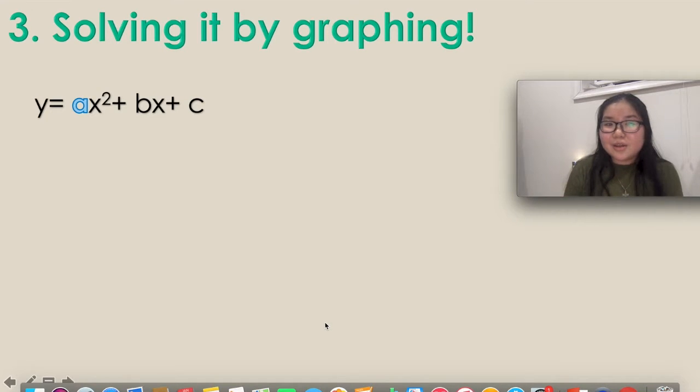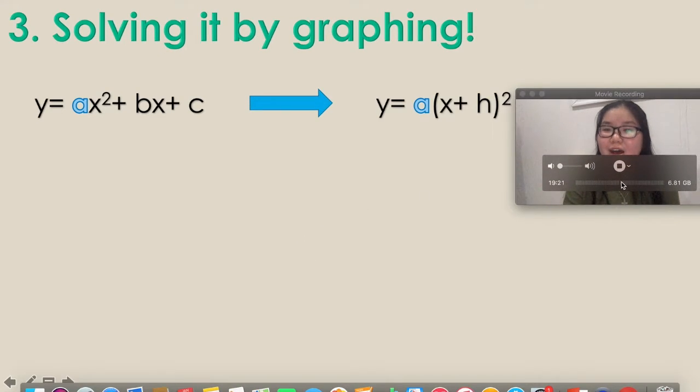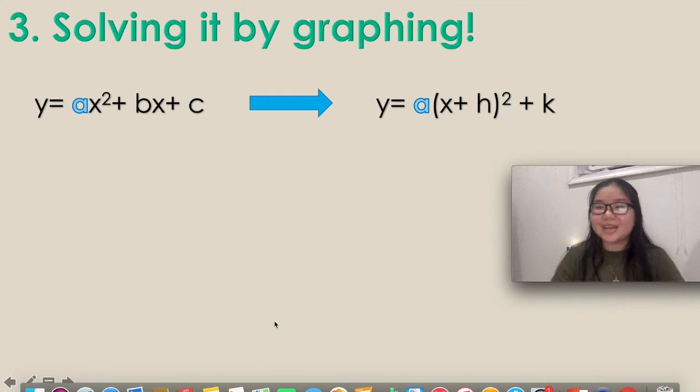Do you remember what I told you about the form of a quadratic equation when you graph it? Especially when you need to graph it, you just need the graphing form. Yeah, congratulations, you're right. Graphing form.